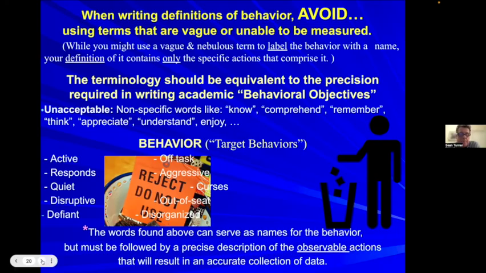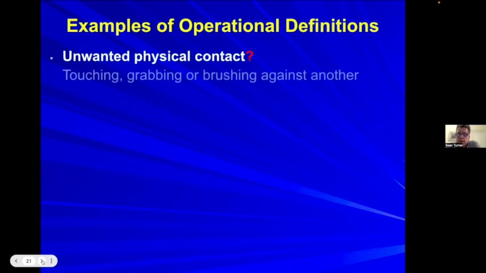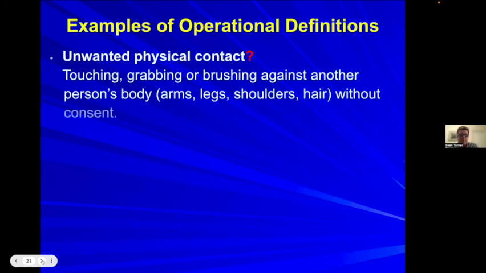My former students would have different ways of being aggressive and different ways of being defiant. And so, yes, important to delineate exactly what we mean by that term. Let me go back for a second.